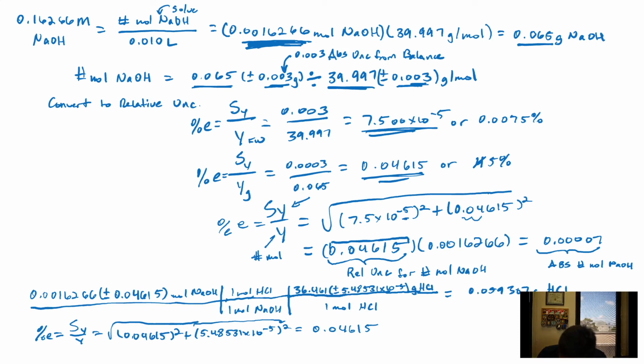Here we can then say the concentration of HCl, with the brackets, equals the mass of HCl that was in the flask, which is calculated to be 0.059307, plus or minus the relative uncertainty that we just calculated, 0.04615.